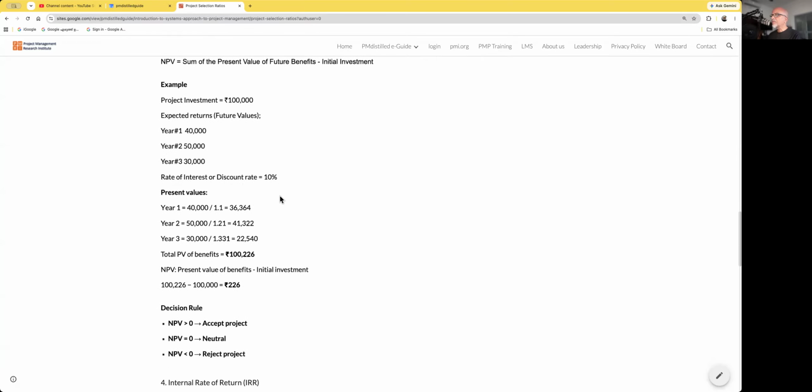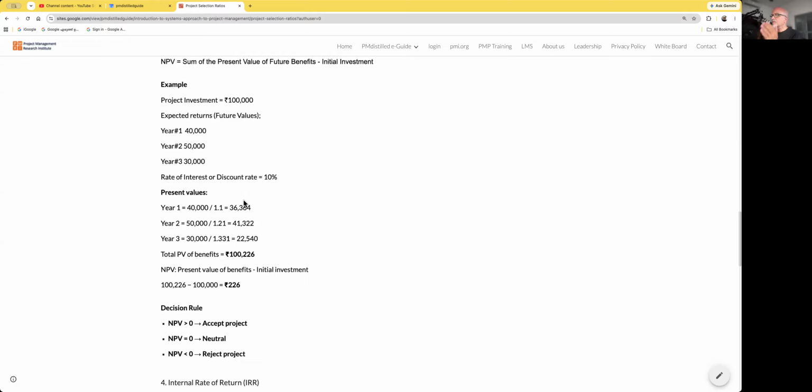If r is 10%, then the present value is future value divided by (1 plus r) to the power of n. So the present value of the future cash flow 40,000 will be 36,364, which is slightly lower than 40,000. The present value of 50,000, which I am going to get after 2 years, is only 41,000.